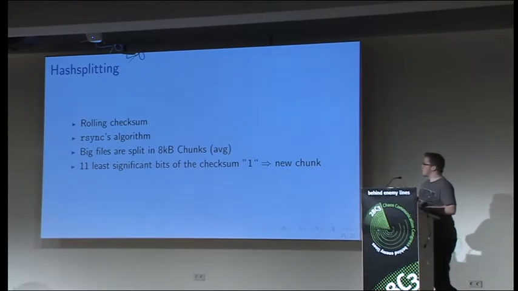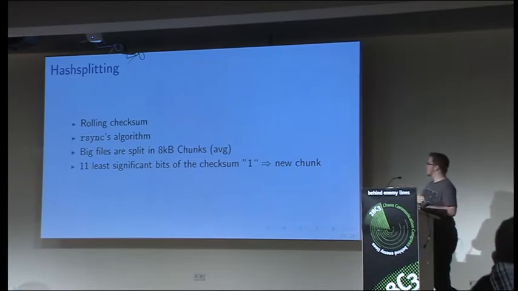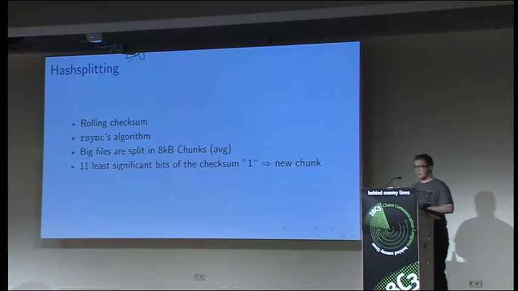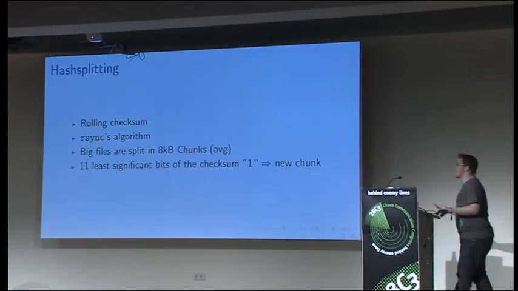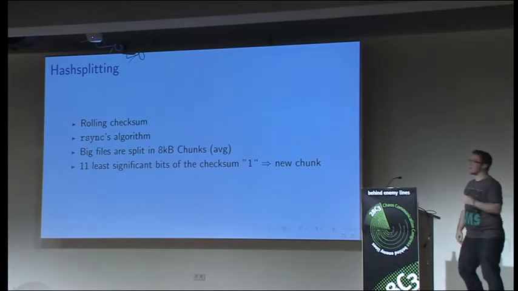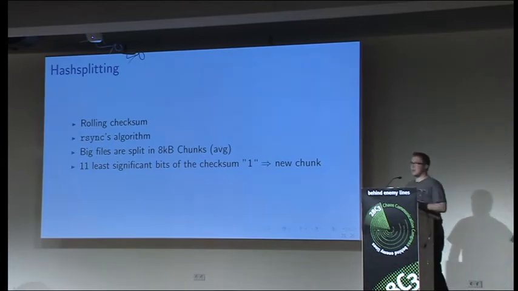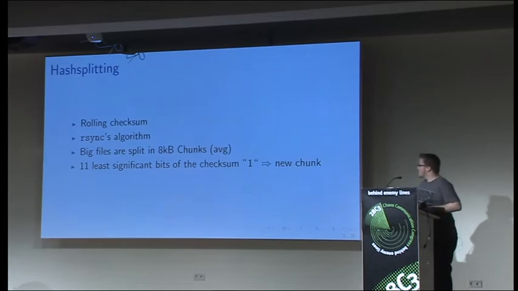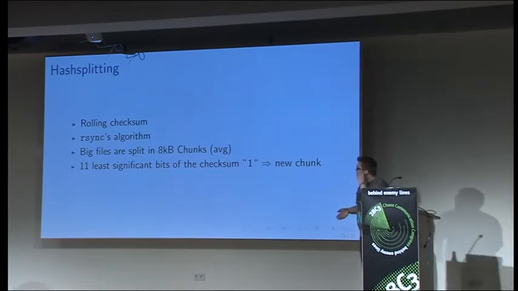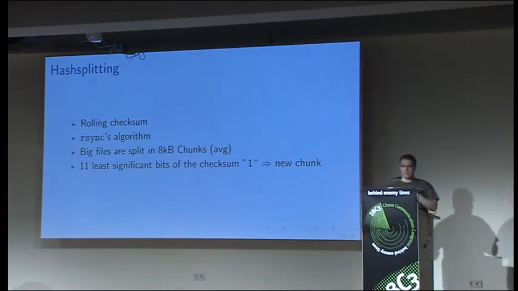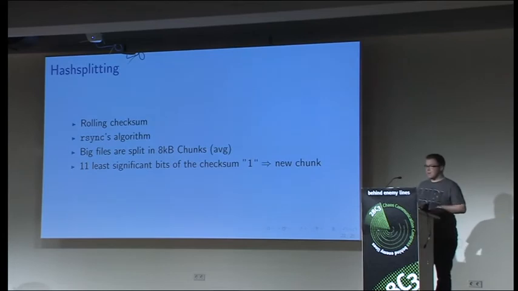And if this hash sum has 11 ones in the least significant bits, we create a new chunk. Why 11? Don't ask us. If you have a better number, come to the mailing list and help us. Computer science to the rescue. So we have, on average, 8 kilobyte chunks, and save big files in 8 kilobyte chunks. So this is how we get deduplication.